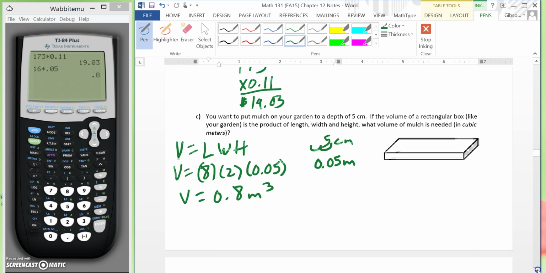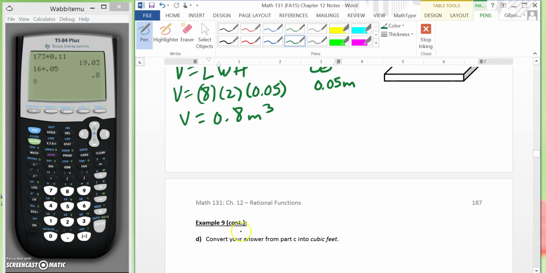Now we scroll to the next page. It says here, convert your answer from part C into cubic feet. So we want to take cubic meters and make that into cubic feet. So we know 1 meter is equal to 3.28 feet. So what we need to do is change these feet to cubic feet.